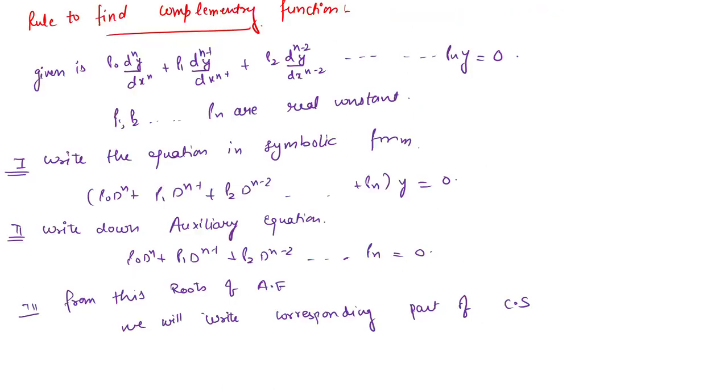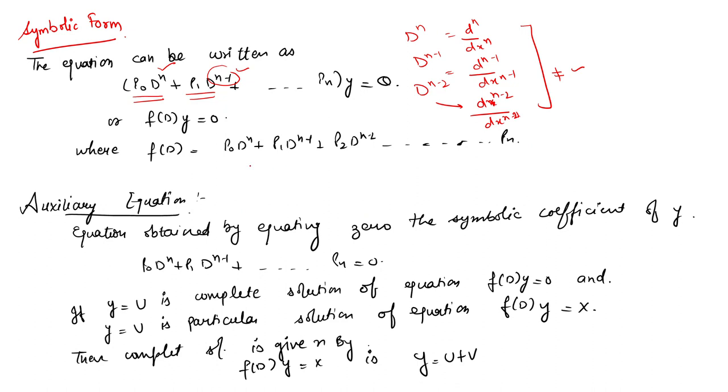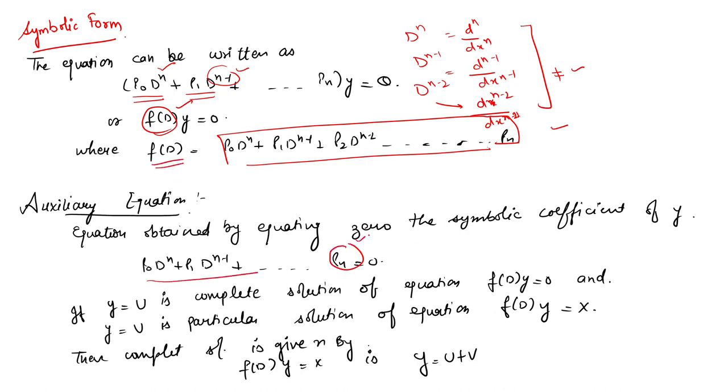Now see, this is our symbolic form where f of D can be taken as these terms. The second thing is known as your auxiliary equation. Whenever you put f of D equal to 0, then this is known as your auxiliary equation.